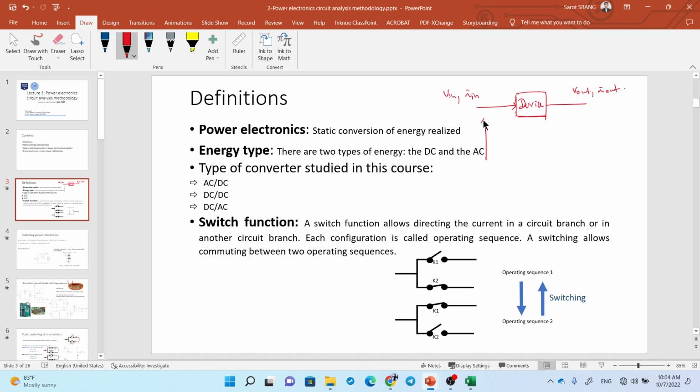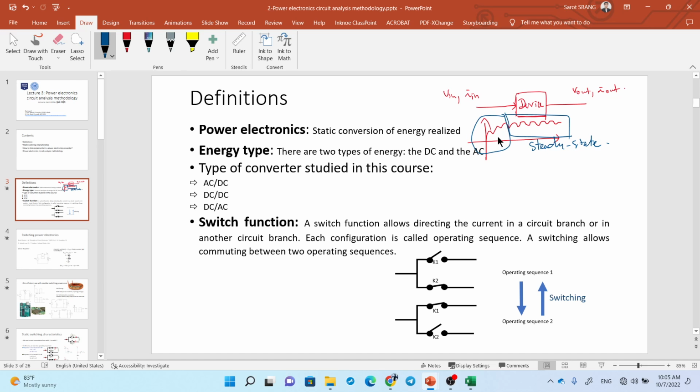Let's say the waveform of voltage and current is like this. From this part we call it steady state, and this part is transient.